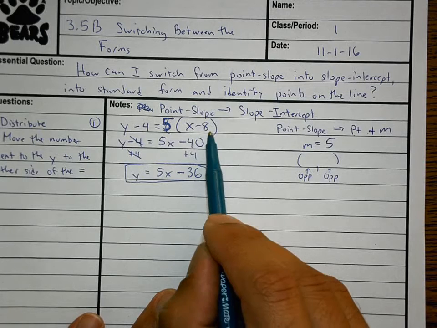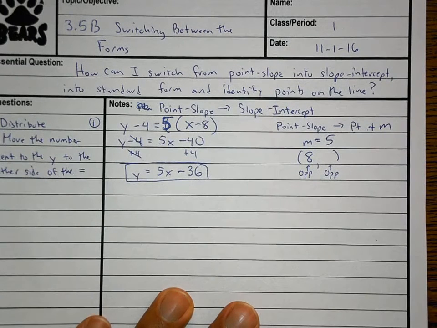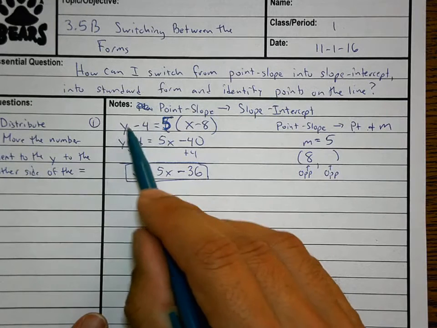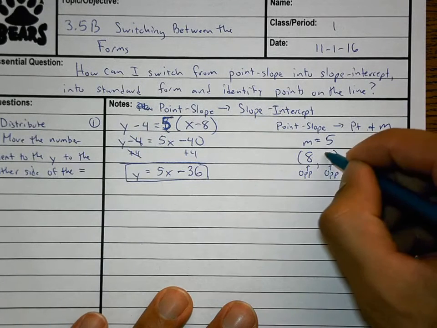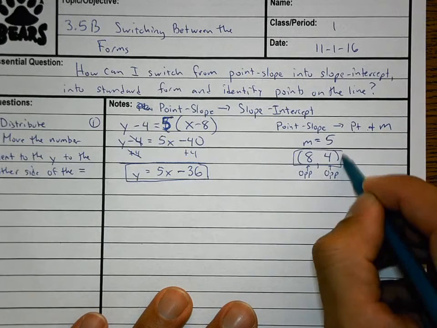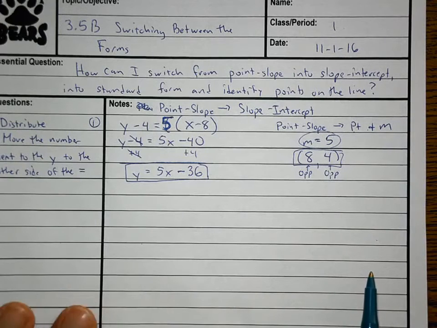What is the opposite of this minus 8? Should be a positive 8 for your x coordinate. Now I need the opposite of my y value. Look at your y value. What's the opposite of it? So now I have a point and I have the slope from point-slope form.